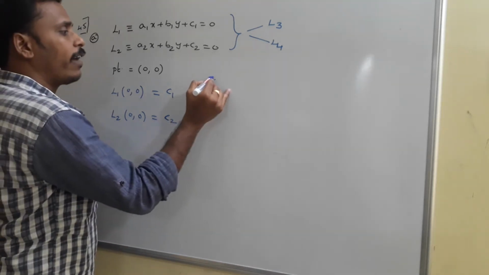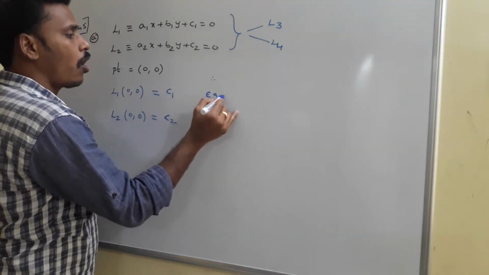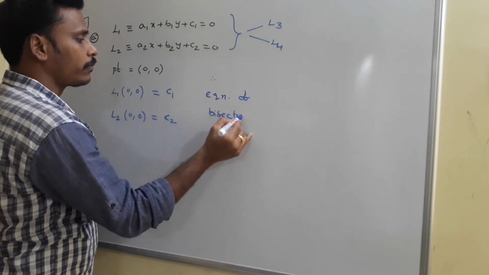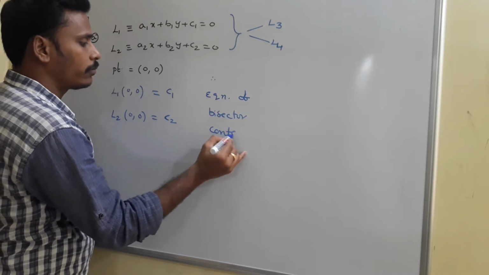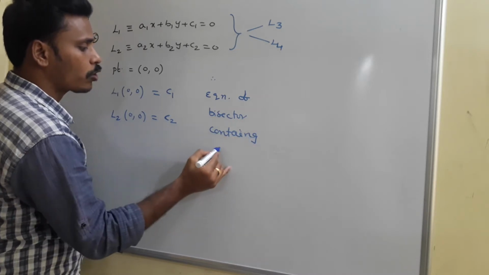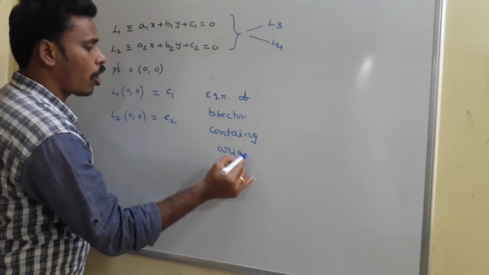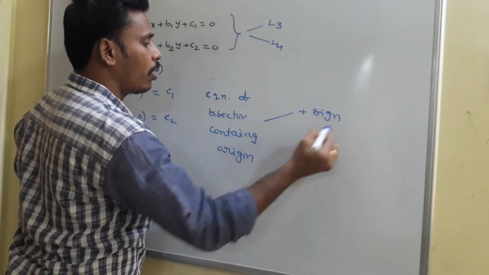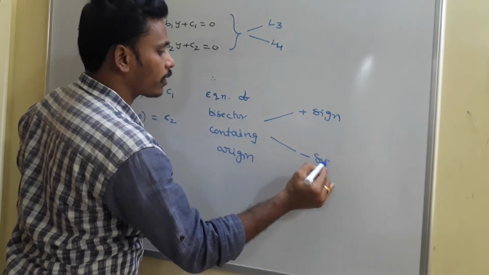Therefore, the equation of the bisector containing the origin is either the plus sign bisector or the minus sign bisector.